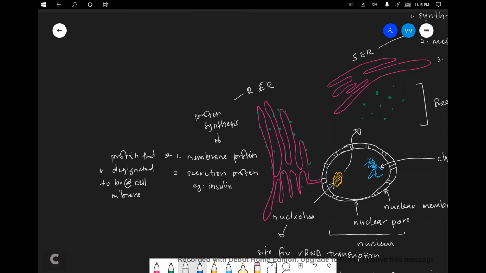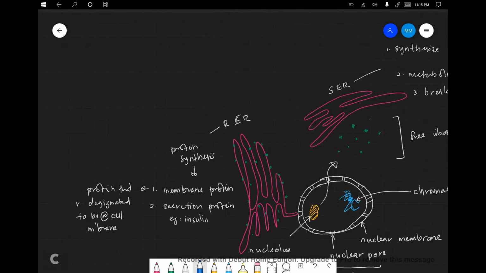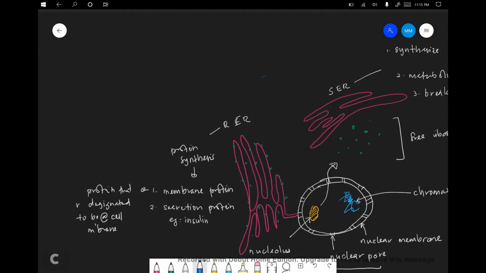So how does this protein move to the cell membrane or get secreted out from the cell? Therefore, we need another organelle that can carry the protein synthesized by the rough endoplasmic reticulum. So that organelle is named as vesicle transport.